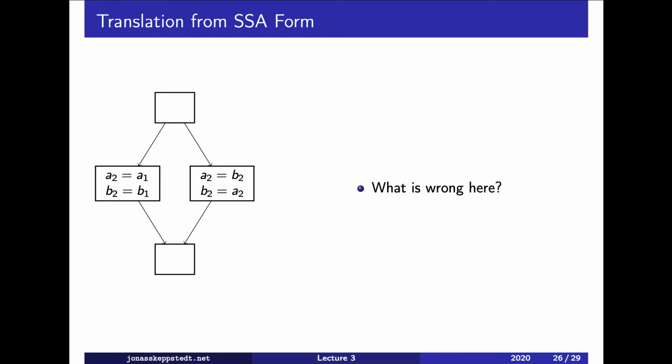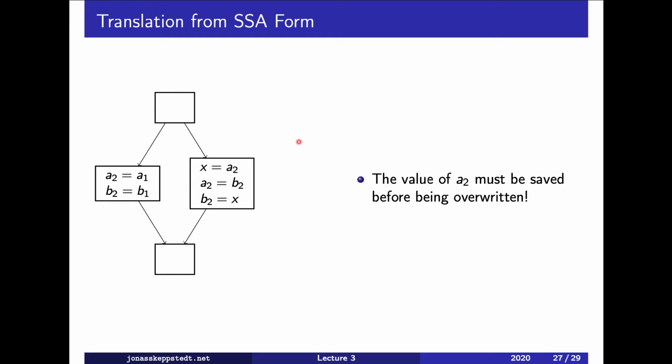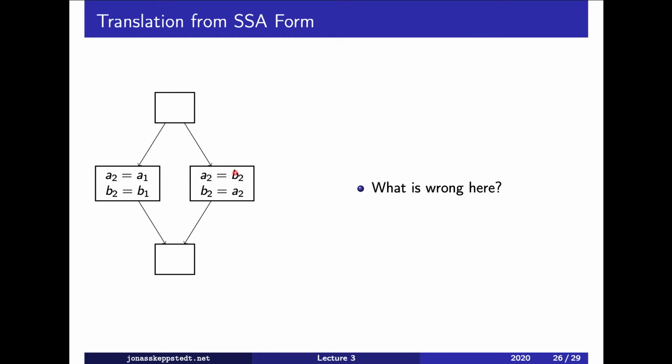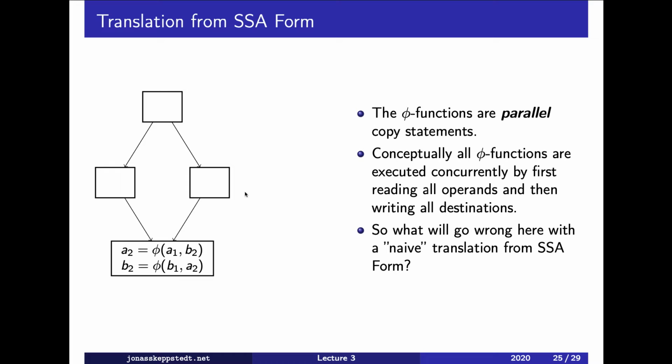Okay, so what's wrong here? Well, what I just said. What we need to do is to save the old value of a variable that will be needed in the future. So here we should use the old value and not that value.